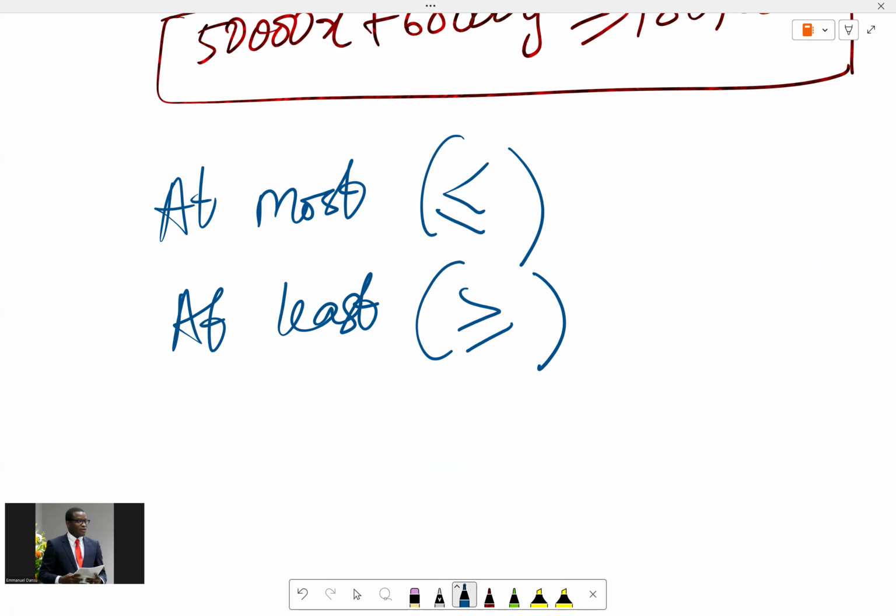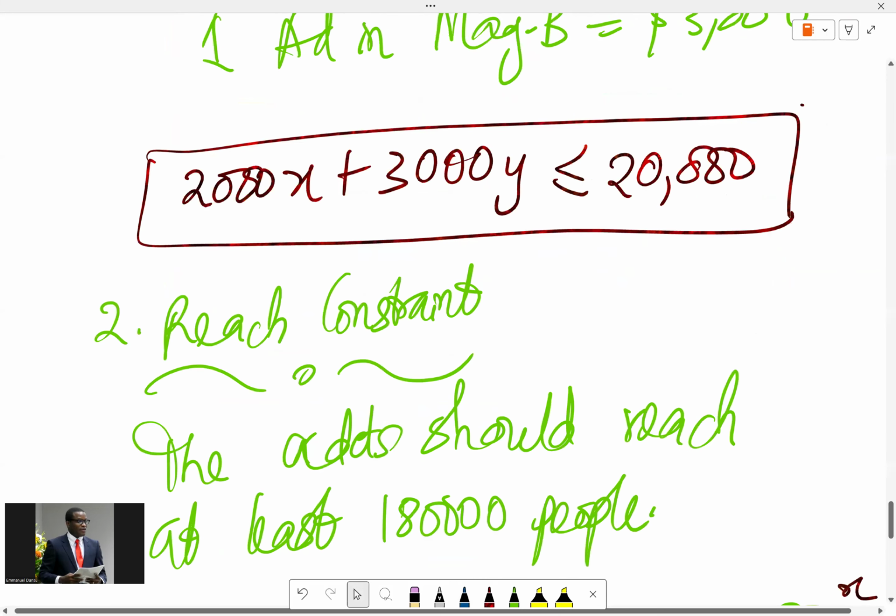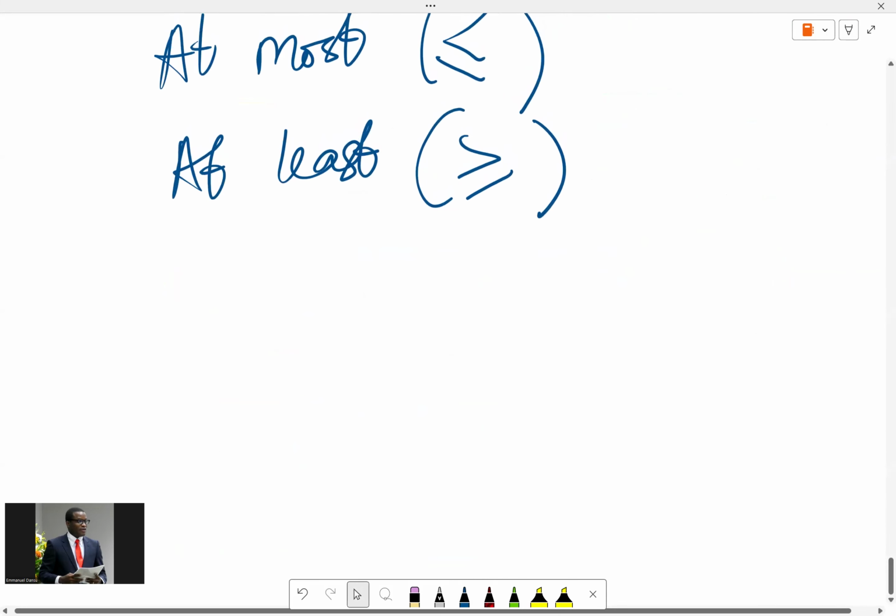But if it is specific, that would just be equal to. If I say you can spend 20,000, you should spend 20,000 exactly. So at most is less than or equal to, at least is greater than or equal to. So we have the reach constraint taken care of.